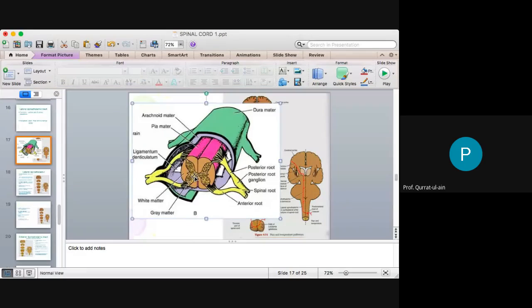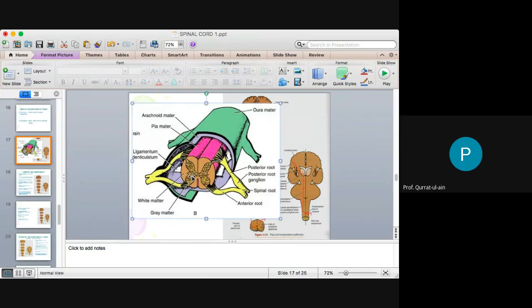That's an important thing. If I had a whiteboard, I would have shown you that they ascend not at the same level but obliquely, and as a result there is a difference of 2 to 3 spinal segments. That's very important.